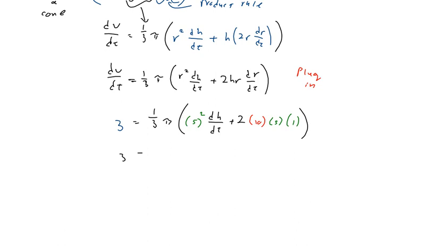3 equals 1/3 pi times 25 dh/dt plus, let's see, it's 50, 50 times 2 is 100, that's the 100 here. And, kind of annoying, I'm going to have to distribute this 1/3.